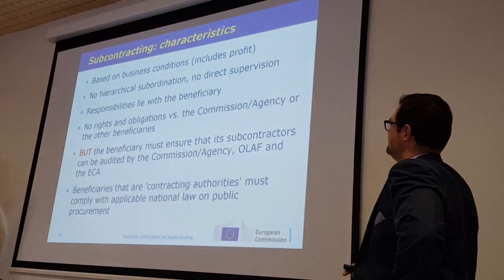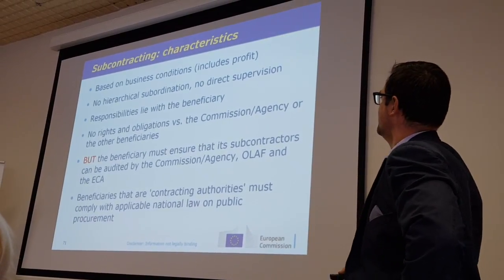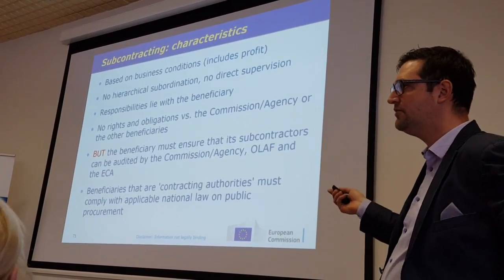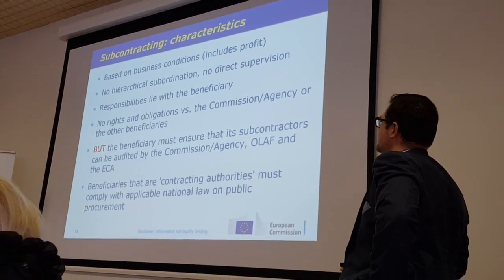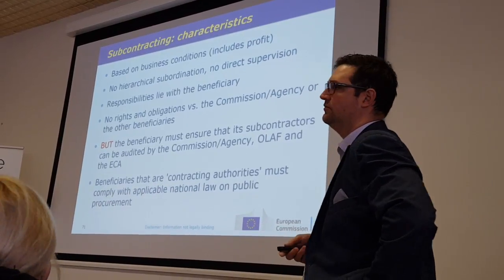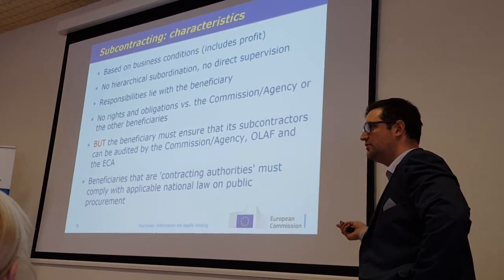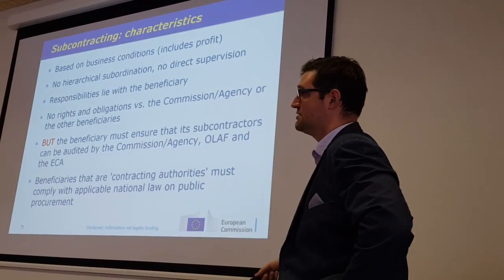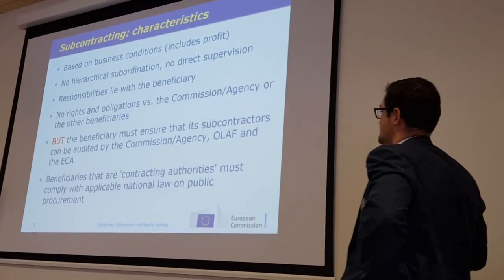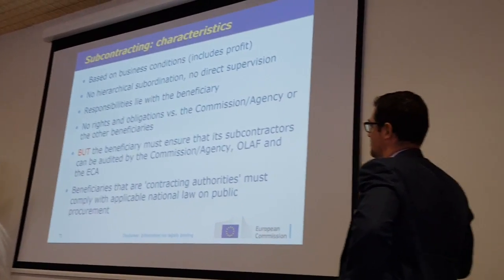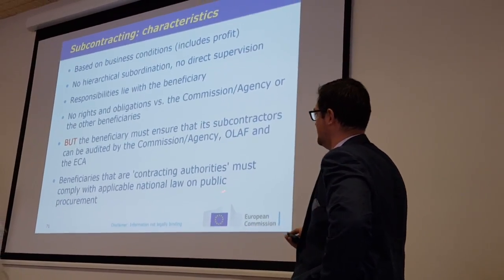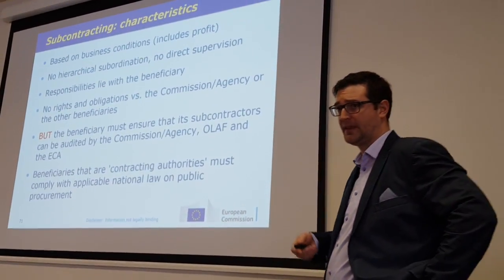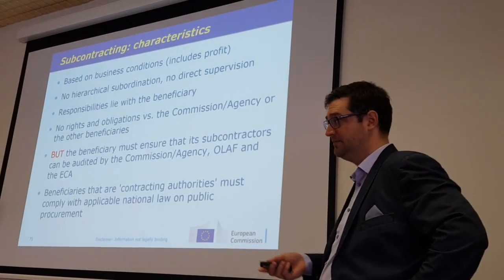You also have to ensure that the subcontractor can be audited by OLAF, by the auditors from the European Court of Auditors, but also from the Commission or Research Executive Agency. That's why we have also the agency here, for example, but also other executive agencies. And also, when it comes to the universities, you are a contracting authority. You have to follow the national legislation, the rules about public procurement.